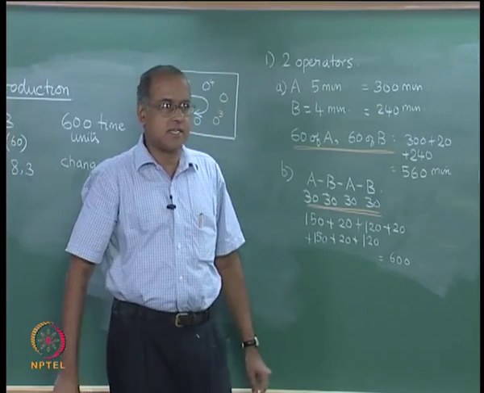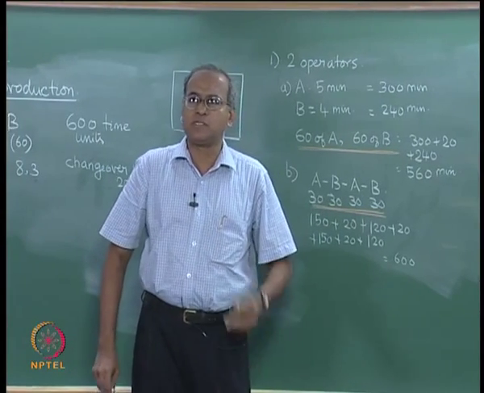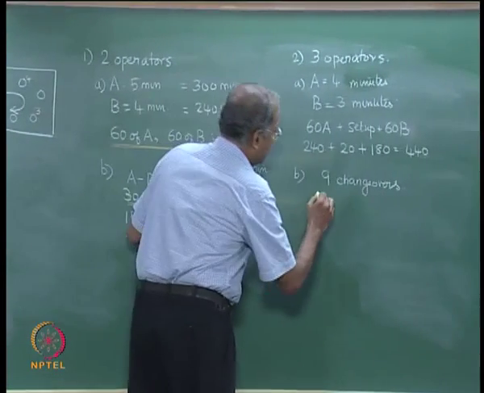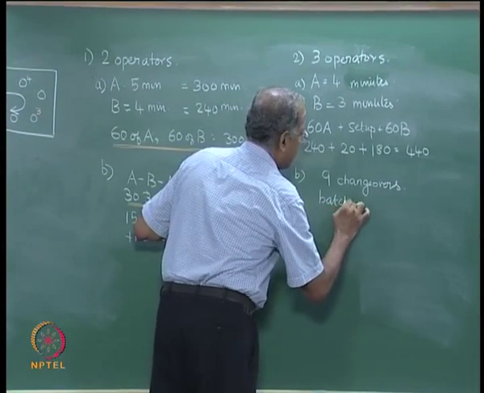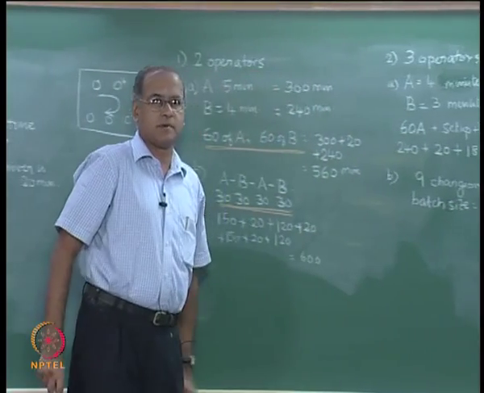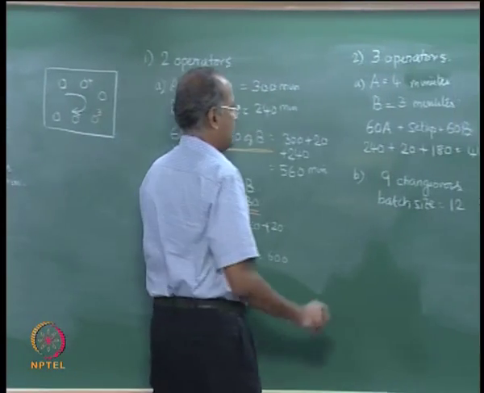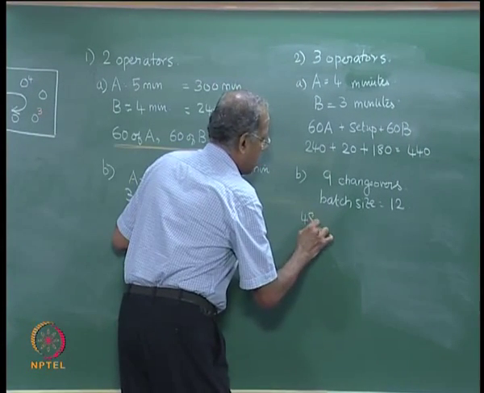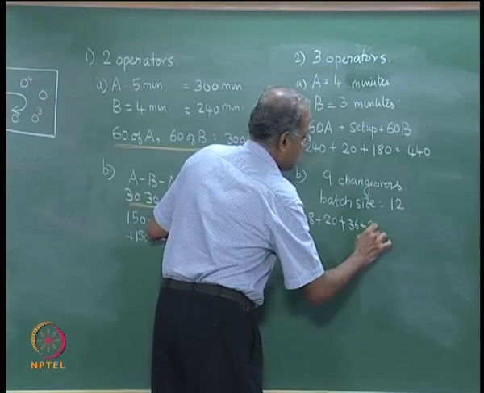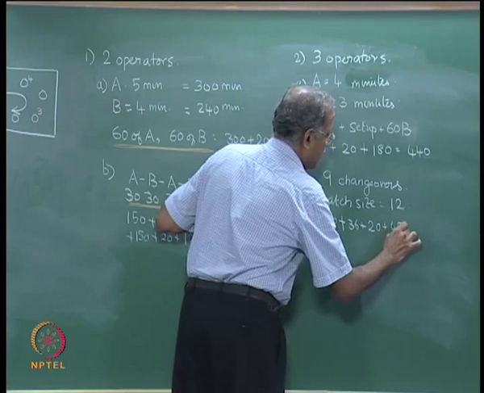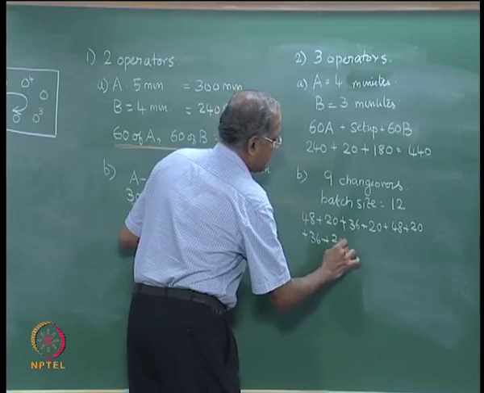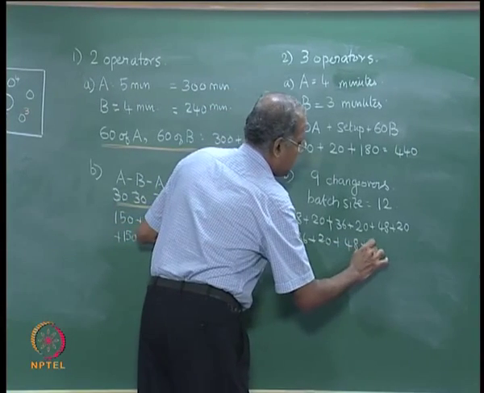So, we can do 9 changeovers, which means we can produce 5 batches of A and 5 batches of B. So, batch size becomes 12. We start with 12 into 4, 48, plus 20 plus 36 plus 20 plus 48 plus 20 plus 36 plus 20 plus 48 plus 20.